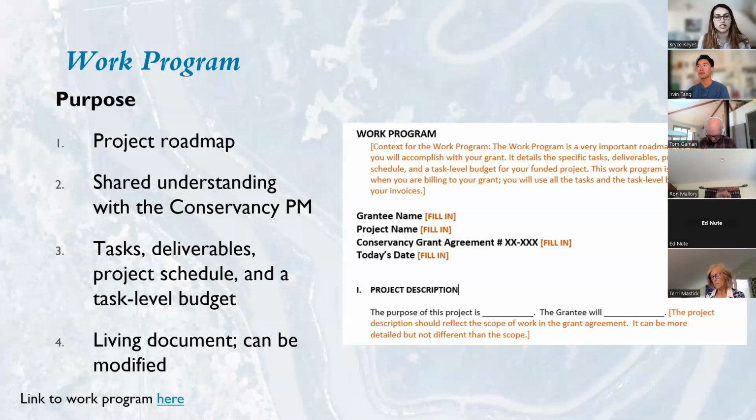Then you send that over to your project manager, they review the changes, and they can accept them or go back and forth with you to discuss the work program. So it's very easy to update it. Nothing is set in stone here, but it's really important at the start of your grant to just get this roadmap in place.